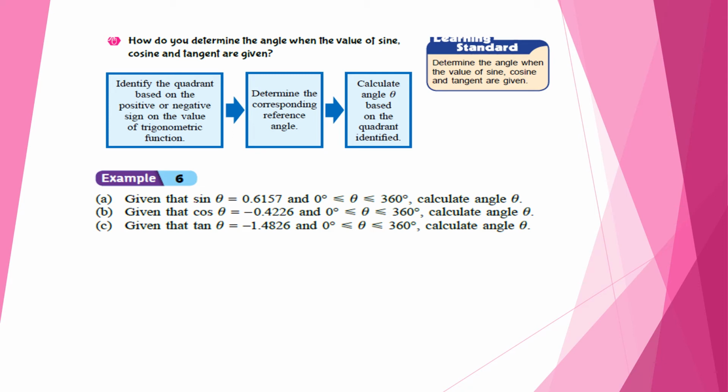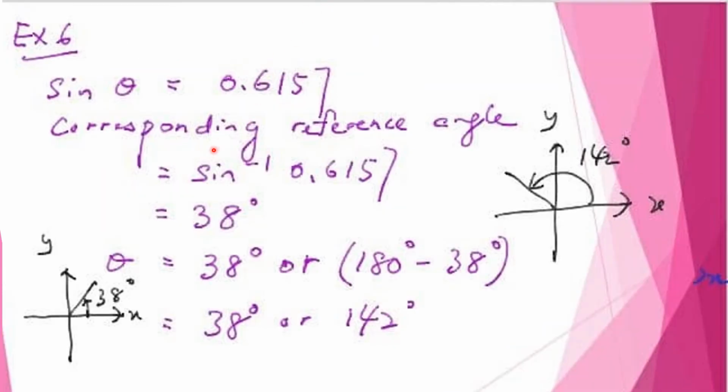You can see sine theta here is positive. That's why it can be either in quadrant 1 or quadrant 2. So the corresponding reference angle you can find like this.